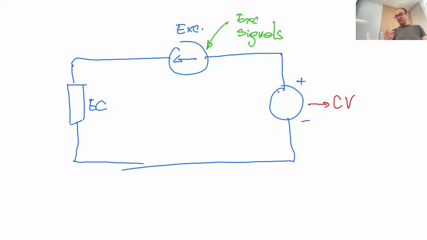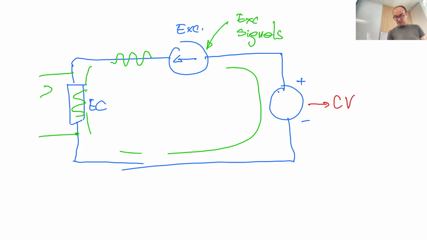And on demand, and I'm going to show you details how it's done, on demand, this excitation unit will start superimposing current here. And because this current will now flow through every part of the circuit, it will go through the electrolyzer. The electrolyzer will change its voltage accordingly. It will react. These fluctuations of the voltages will reverberate throughout the circuit. This part here keeps constant voltage. It will not change, but the current will pass through it.